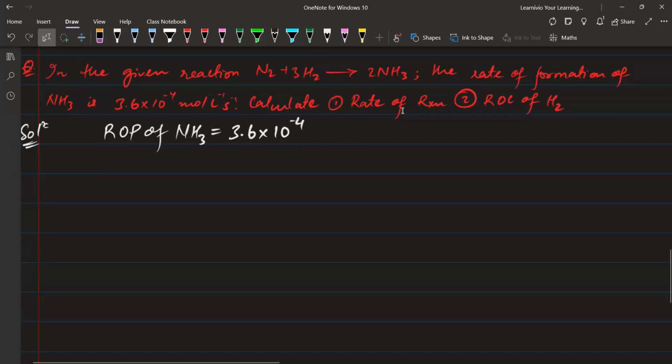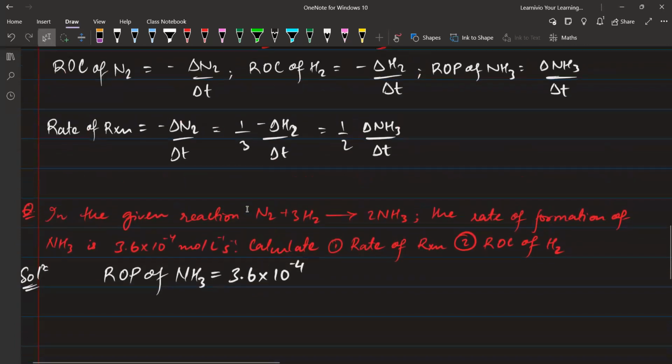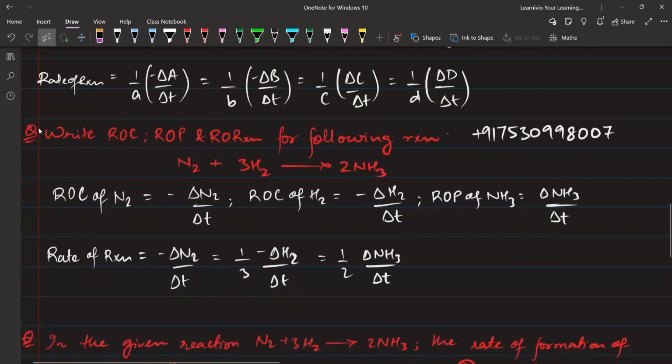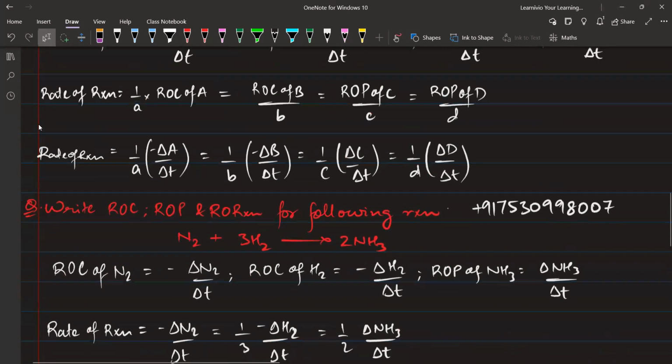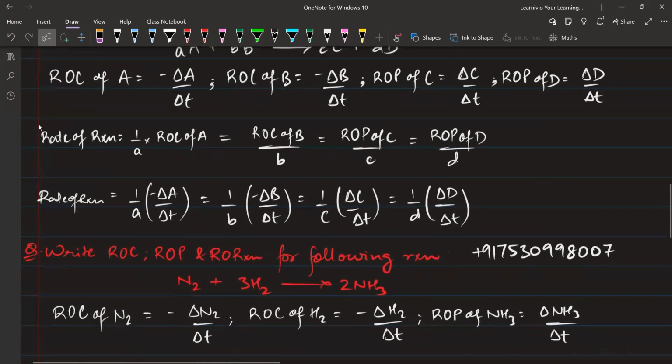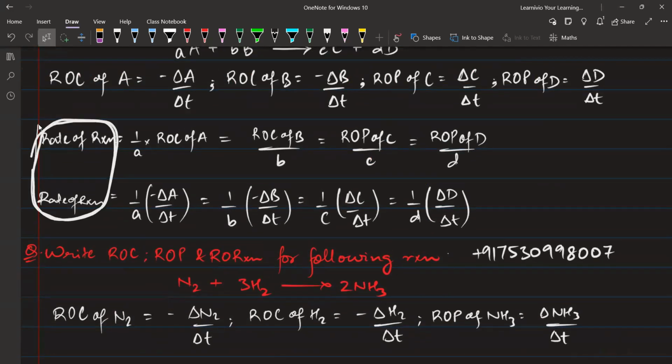Now if you see, there are two ways of writing rate of reaction. Even though both of these things are related, there are two ways of writing the rate of reaction.